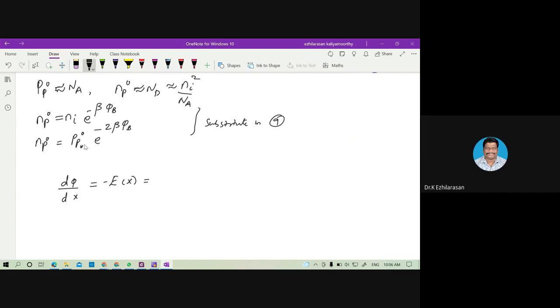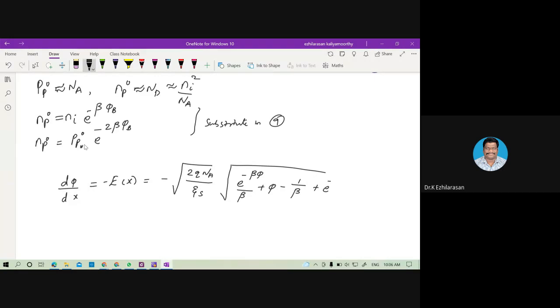Then we'll have 2qNa divided by epsilon s, then again this root of e to the power minus βφ divided by β plus φ minus 1 by β.